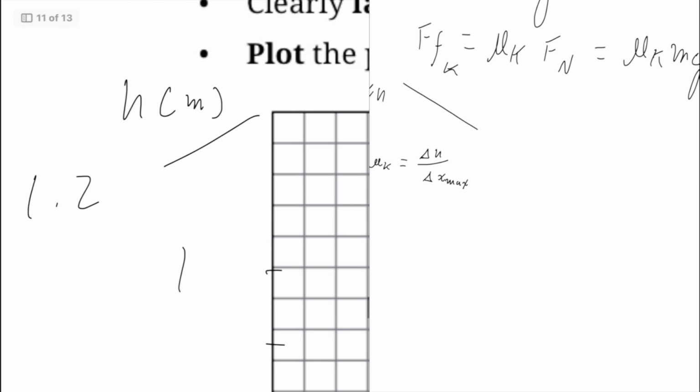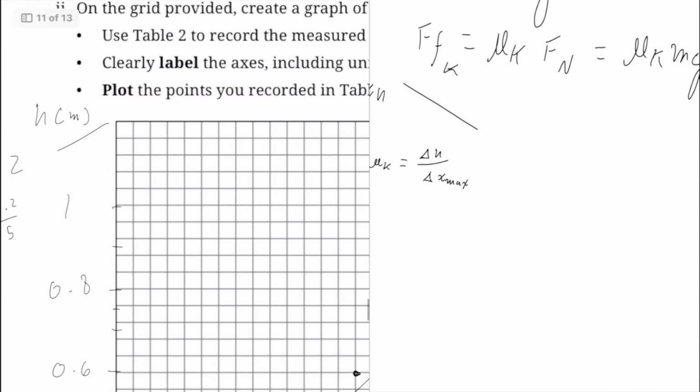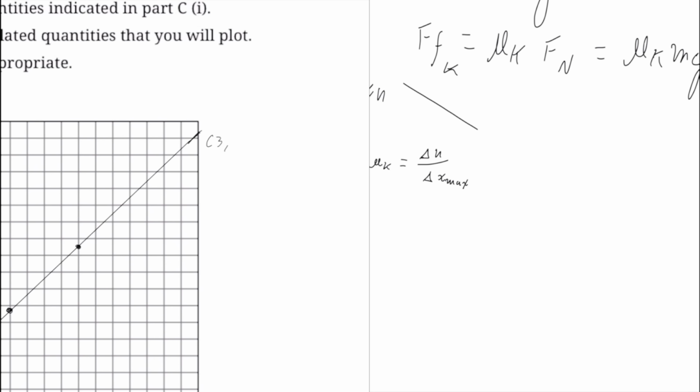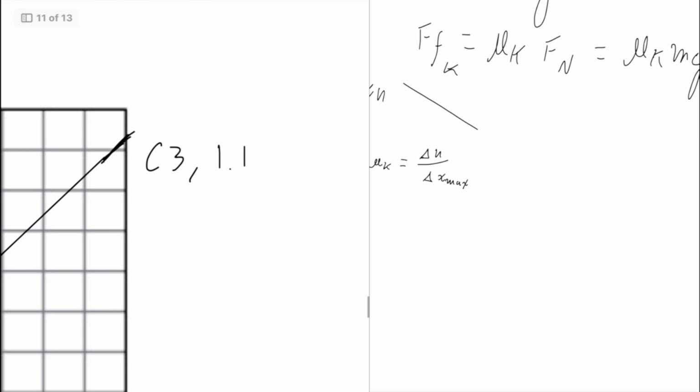What is this increment? It's 0.2 divided by 5. Let's see what Google has to say about that. And if you're asking me if I can't do that division, no, I can't, and I don't feel like doing it, so guess what? I won't. So it's 1.2 minus 0.04, and this is like 1.16.